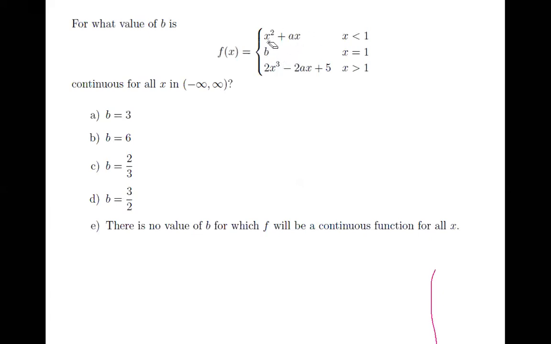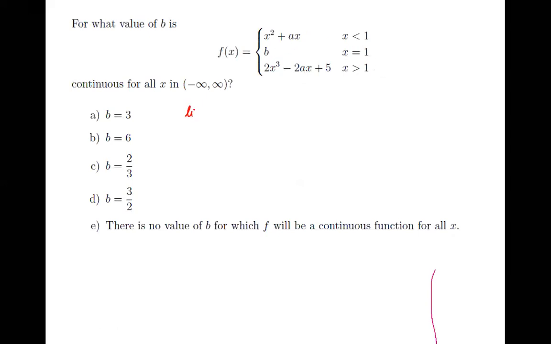B as a constant is also a continuous function. The only number on the number line that matters is 1. We have to make sure that all of these functions meet at the same height, the same level, the same limit. That means the limit from the left-hand side at 1 must be the same as the limit from the right-hand side at 1, and the value must be the same.